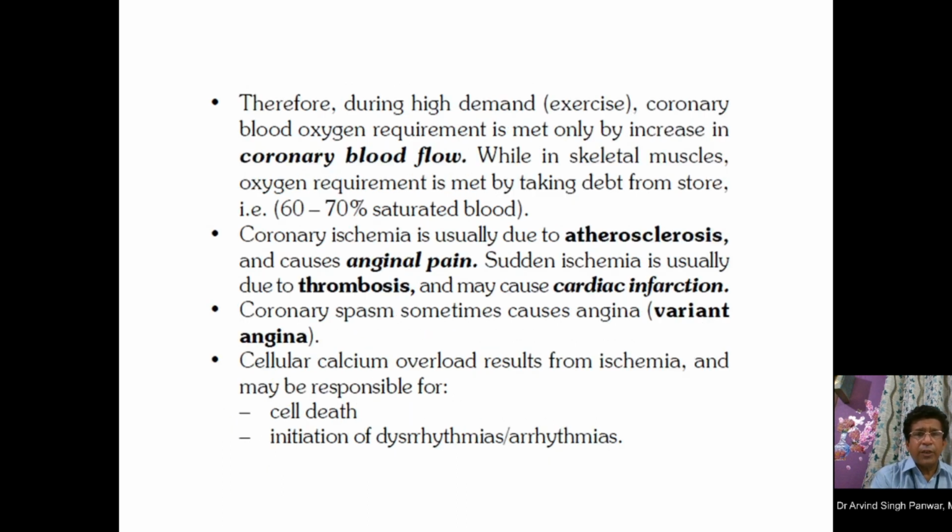Therefore, during high demand, that is during exercise or exertion, the coronary oxygen requirement is met only by an increase in coronary blood flow, while in skeletal muscles, the oxygen requirement is met by drawing from the store, that is, the 60 to 70% saturated blood.